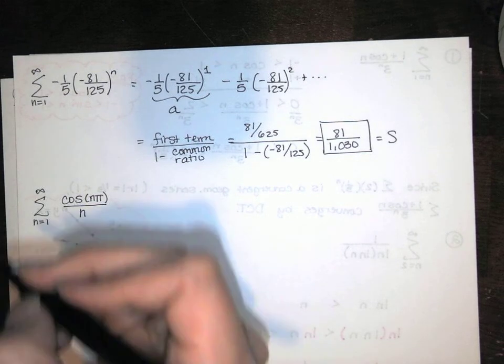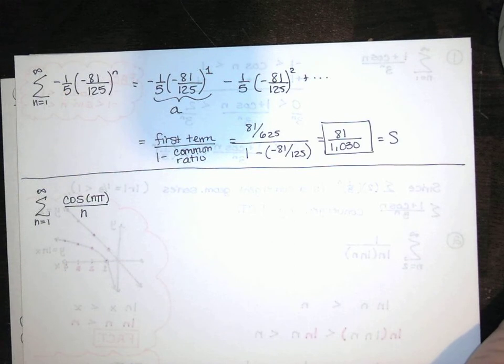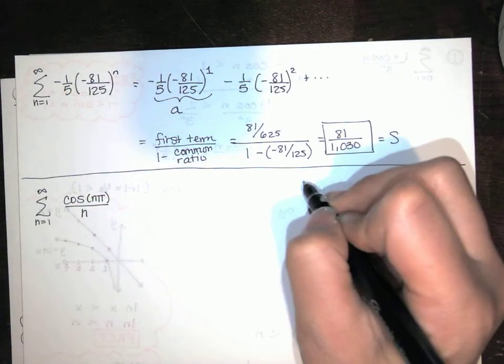And it's just another fact that we need in order to show that it's alternating. You're saying, what? Why is it alternating, Miss Townsend? It's alternating because of that cosine of pi n.